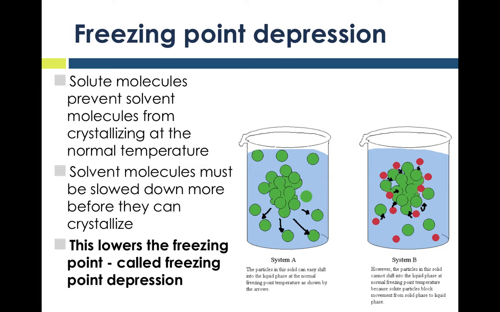So consider these two beakers. Let's say the beaker here on the left is just normal water, and all of those green dots are water. So in a normal liquid, we know that the solid particles can easily melt into liquid, or the liquid can freeze into a solid because there's nothing getting in its way.